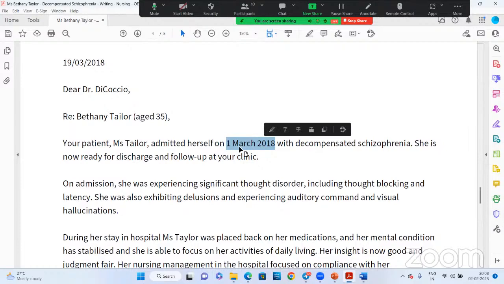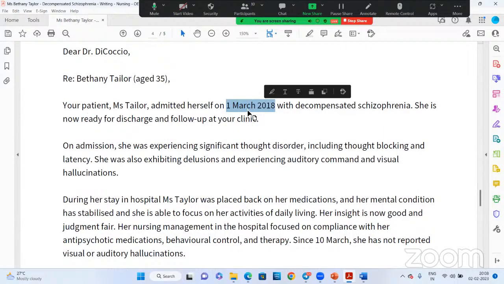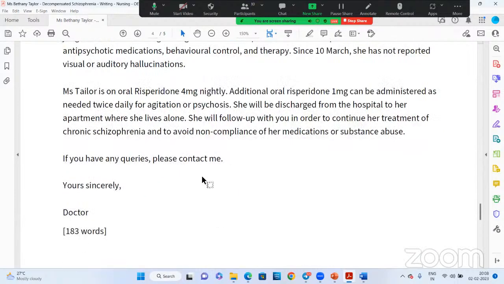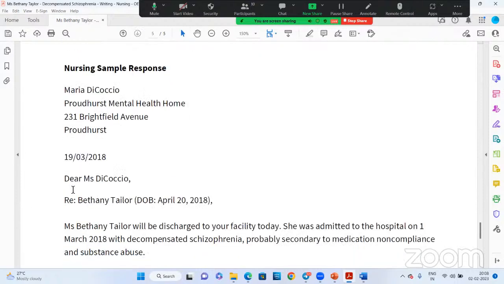Okay, that's very clear here. Then this is 19/3/2018, and this is April 20, 2018. So the person is not even born. According to this date of birth, she will be born after 1 month, 1 day. So this is wrong. So be careful.